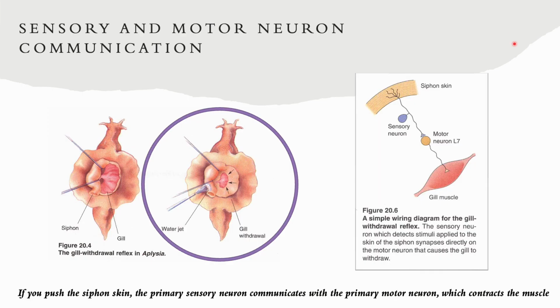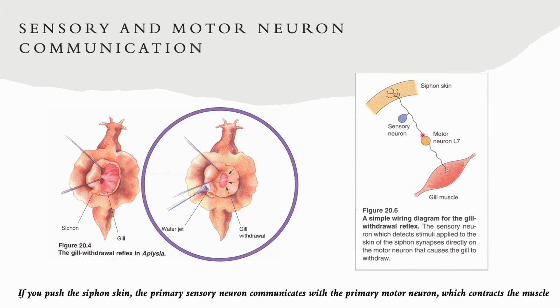Before we discuss learning and memory in the Aplysia californica, I just want to talk about their sensory and motor neuron communication. Essentially, we're going to walk through the simple reflex in this sea slug. Interestingly, scientists have found that if you push on the siphon located right here, the siphon skin is innervated with sensory neurons, similar to a human.